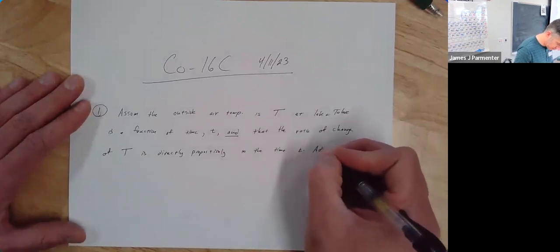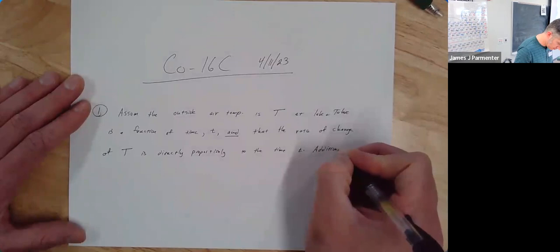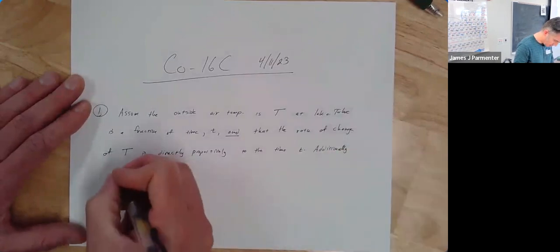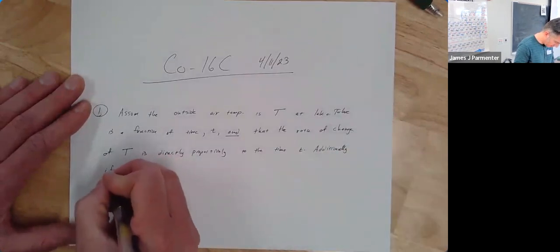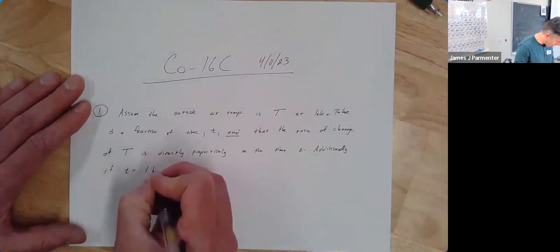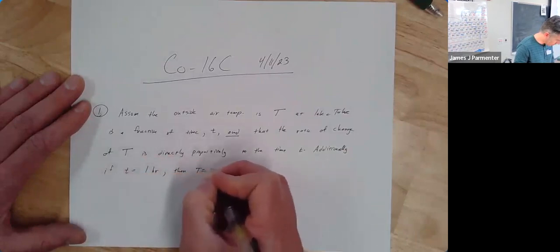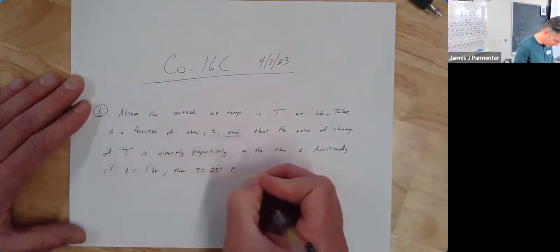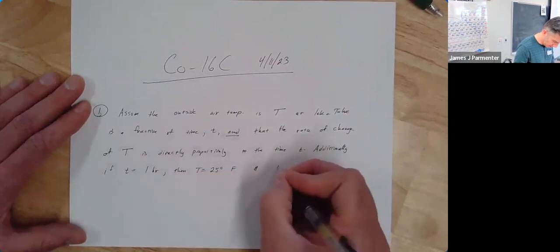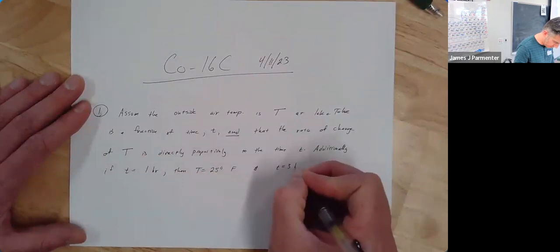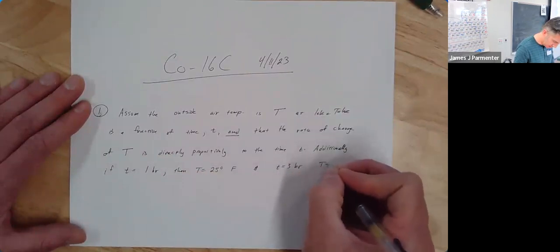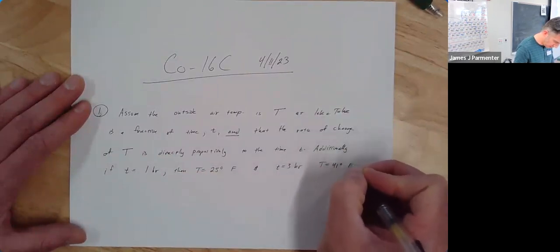Additionally, if time equals 1 hour, then the temperature is going to be 25 degrees Fahrenheit. And at a later time of 3 hours, the temperature is going to be 41 degrees Fahrenheit.